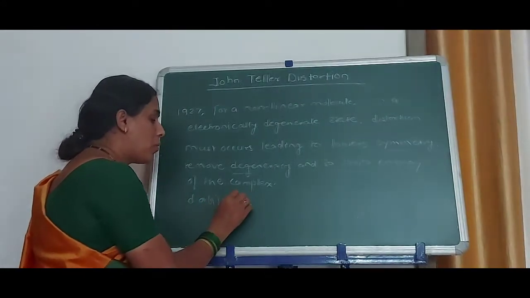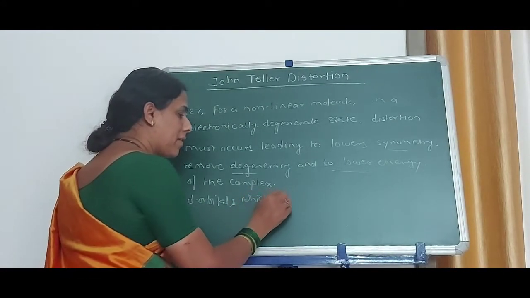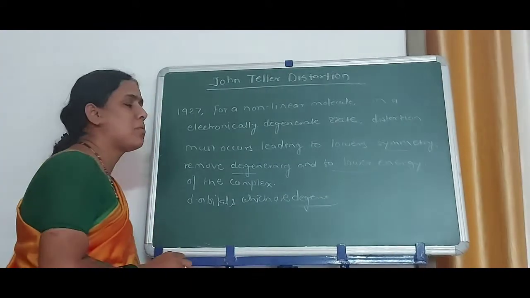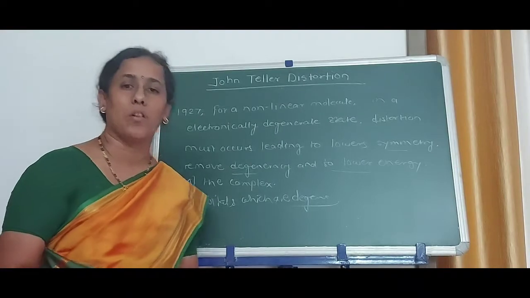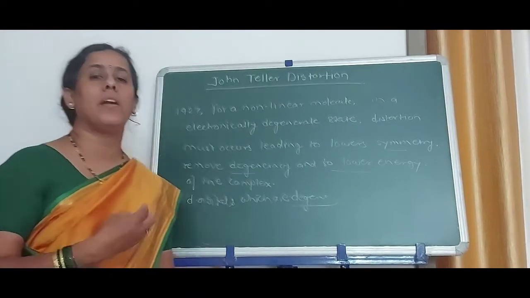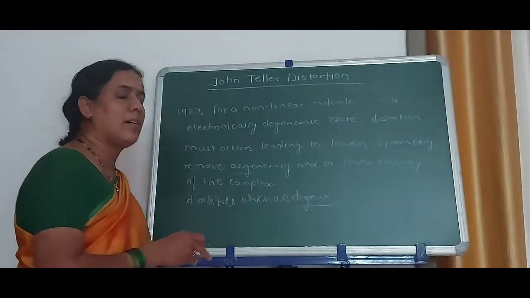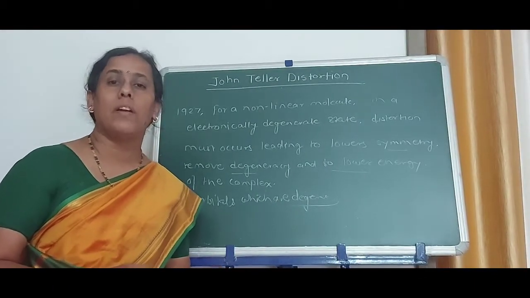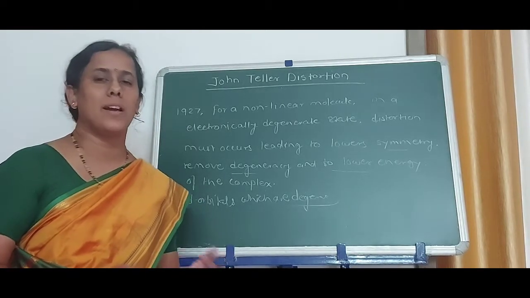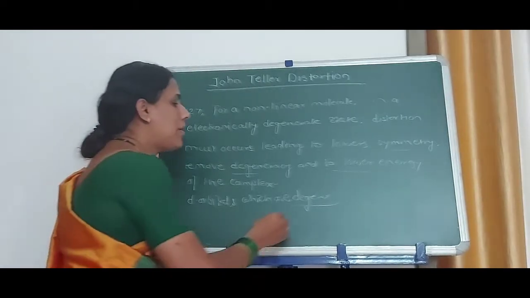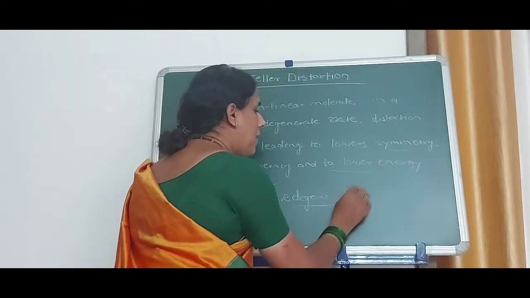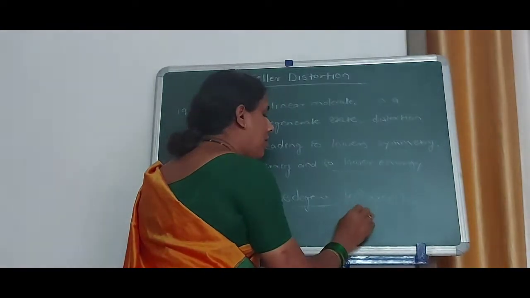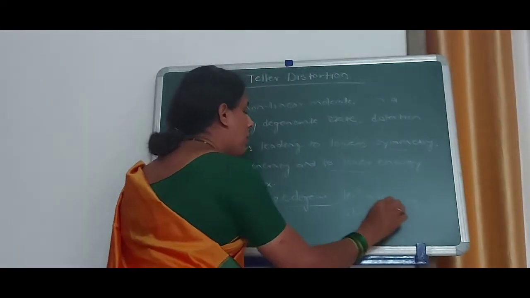The d orbitals are degenerate. They are called the degenerate d orbitals of a free metal ion, which undergo splitting into a set of two orbitals, that is Eg orbitals and T2g orbitals, according to their position: between the axes for T2g orbitals, and along the axes for Eg orbitals.